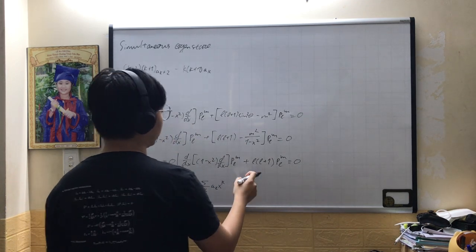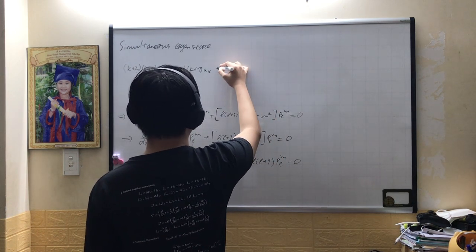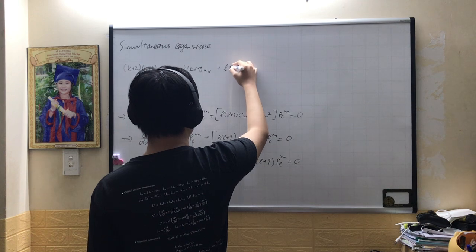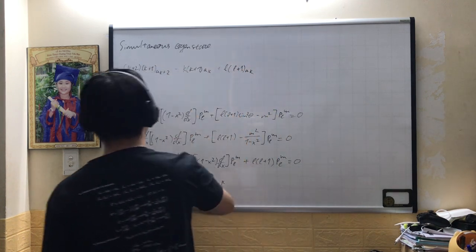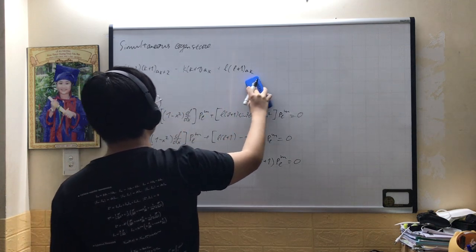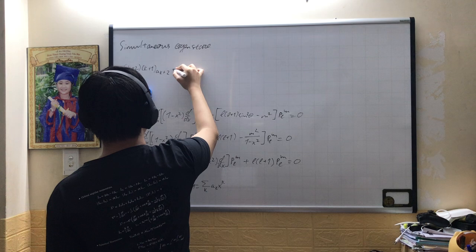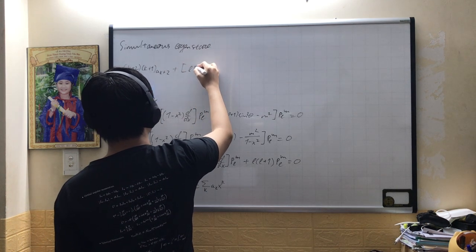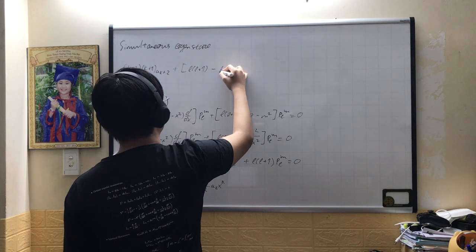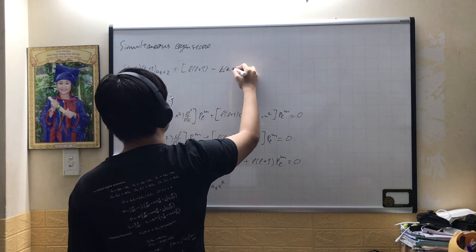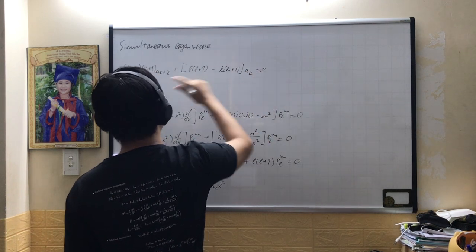Now our last term is just going to be l(l+1) a_k. From here you can see that this term is groupable. So group it as l(l+1) minus k(k+1) a_k equals 0.